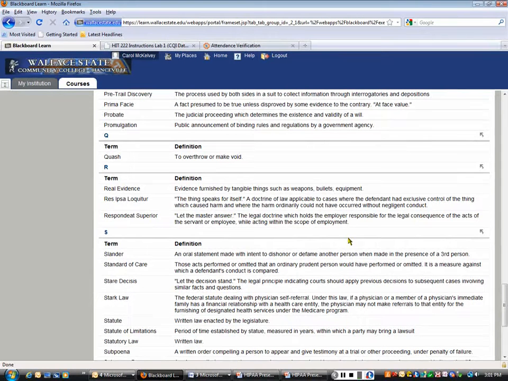Standard of care, a term you'll hear time and time again. Those acts performed or omitted that an ordinary prudent person would have performed or omitted. It's a measure against which a defendant's conduct is compared. So, standard of care. What is the standard, whether it's in a particular area or a situation, for a particular circumstance?